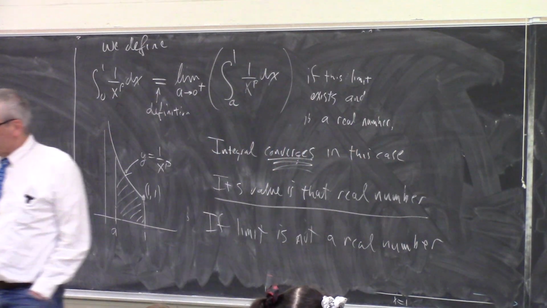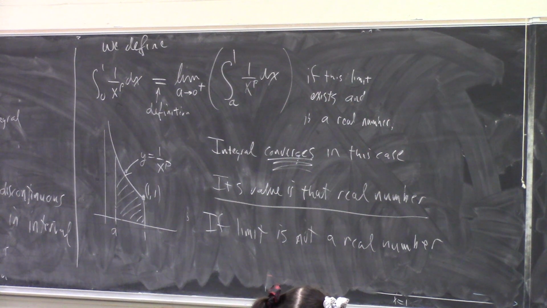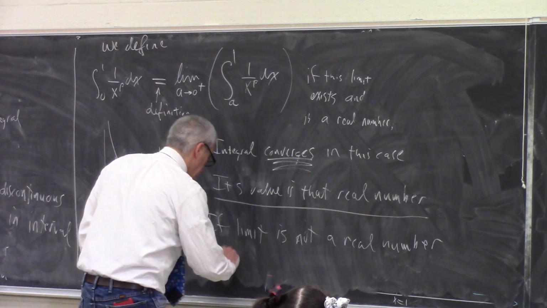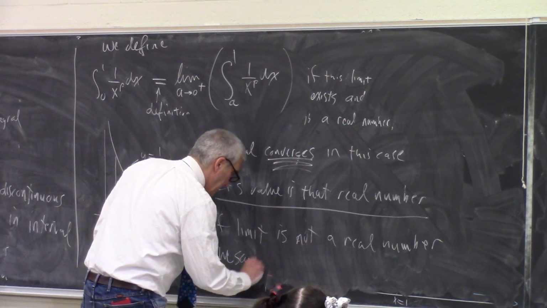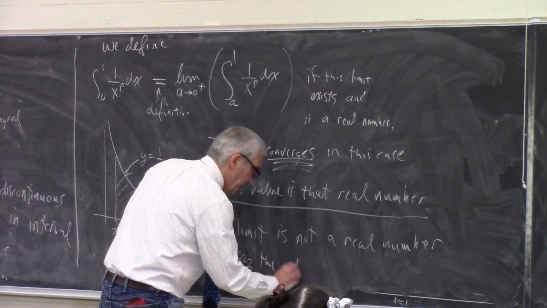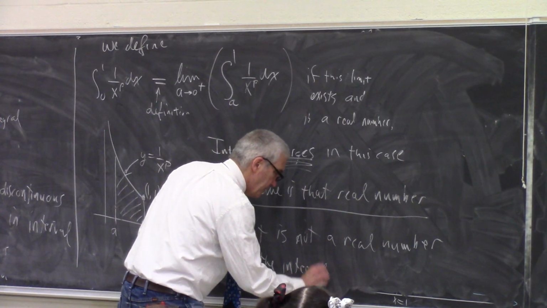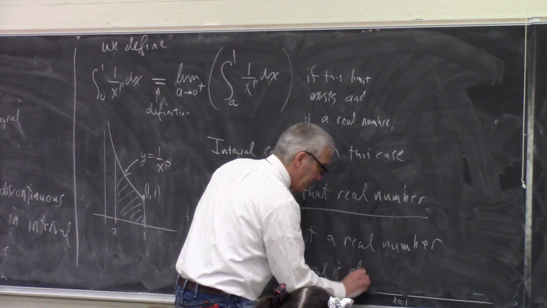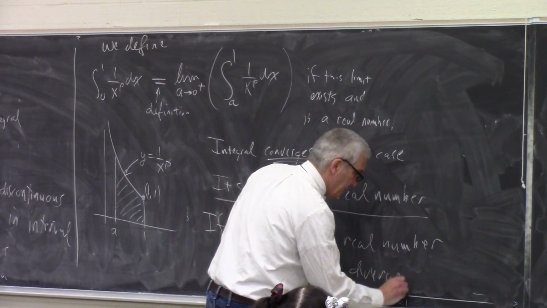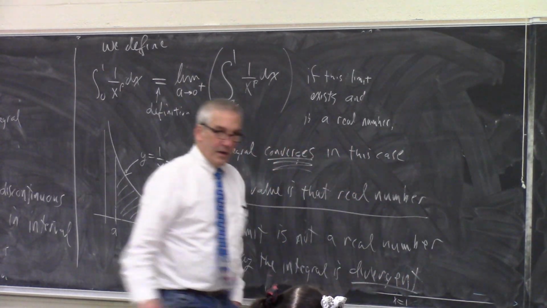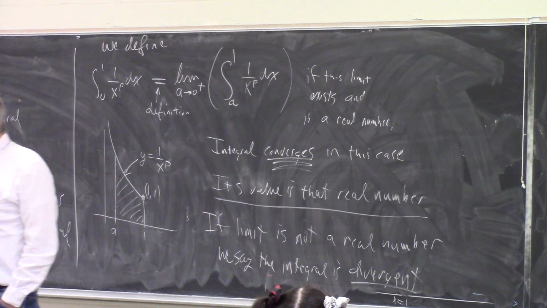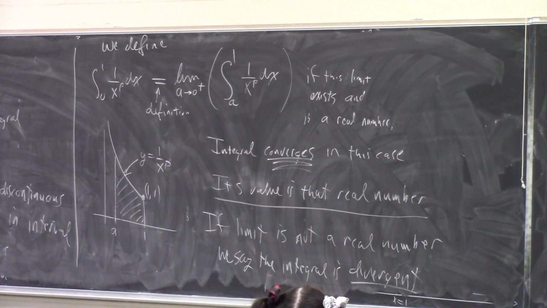Then we say that the integral is divergent. And that's as far as the book goes. They just say if the limit does not exist as a real number, then you say the integral is divergent.